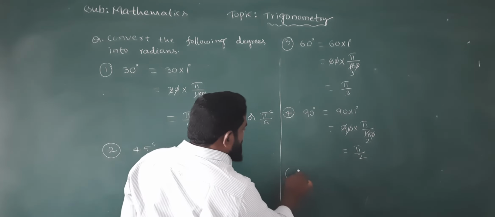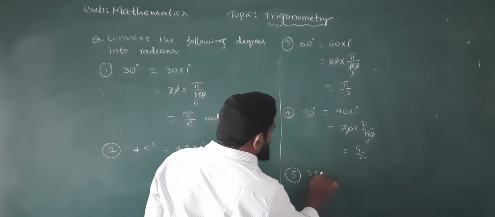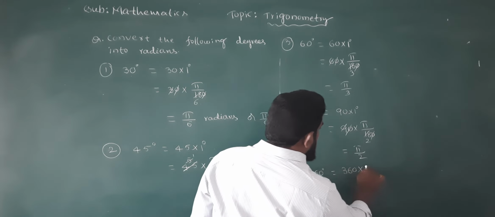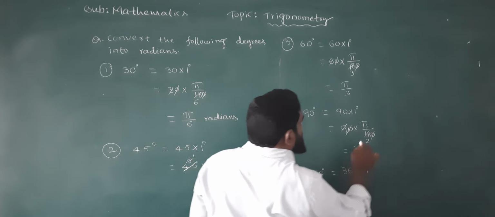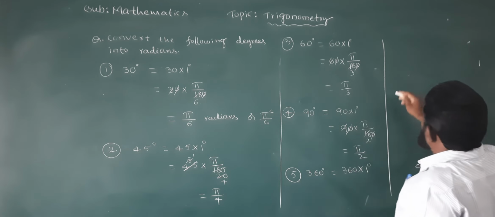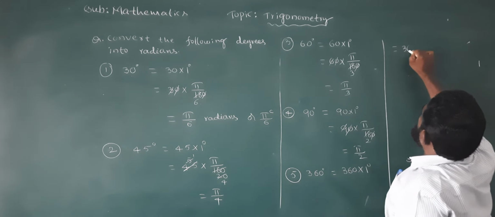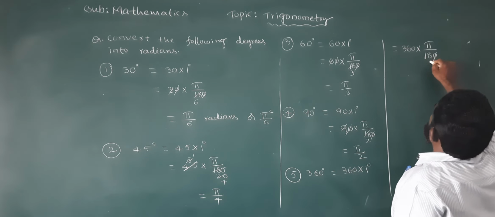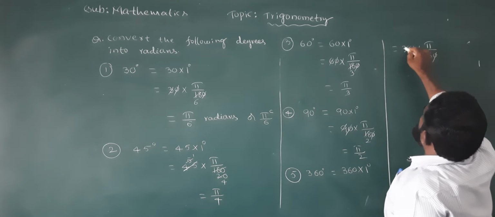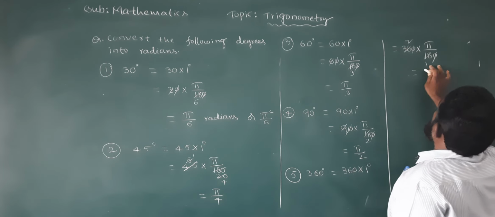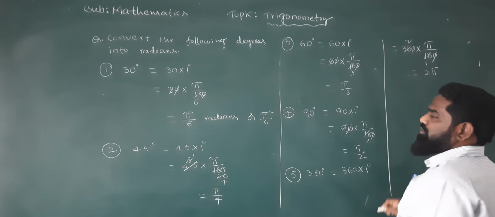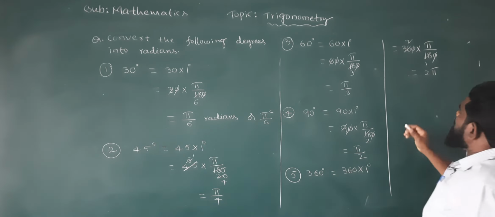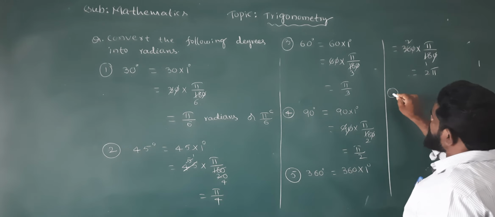Okay. 360 degrees. 360 into 1 degree. 1 degree equals pi by 180 radians. Understand? 0 0 get cancelled. 18 2s are 36, so 2 pi radians. Understand?